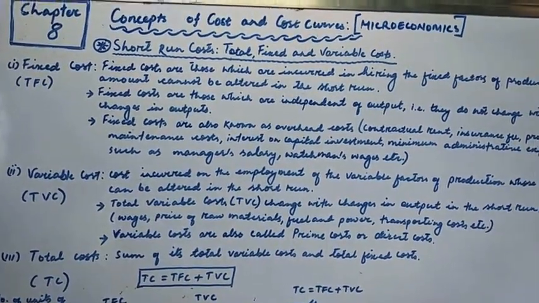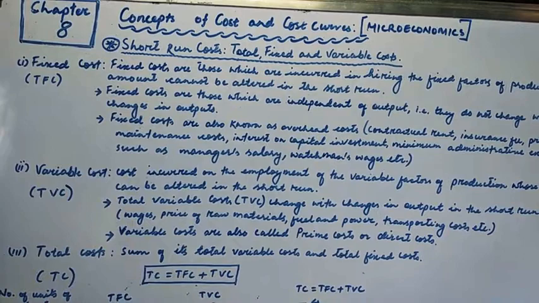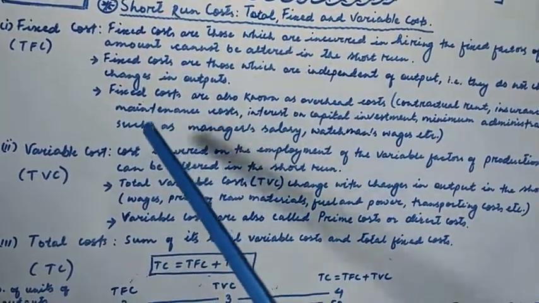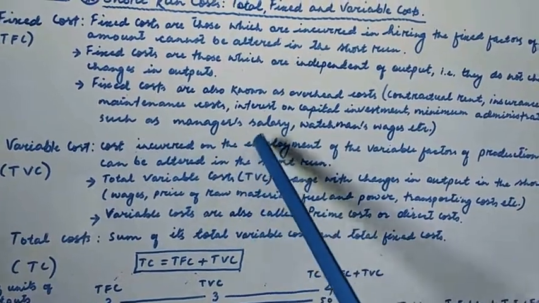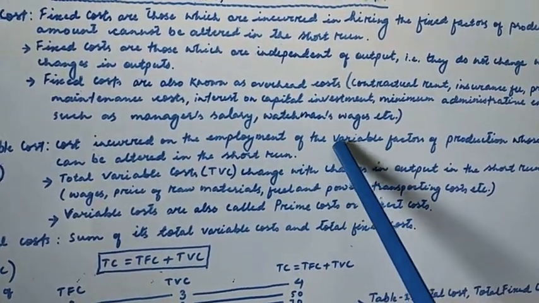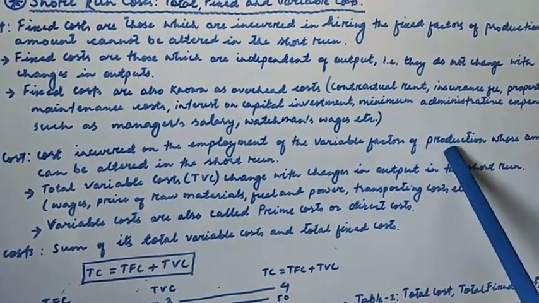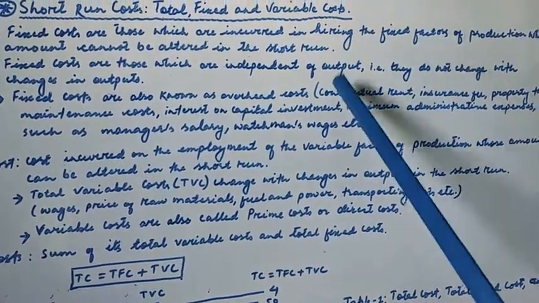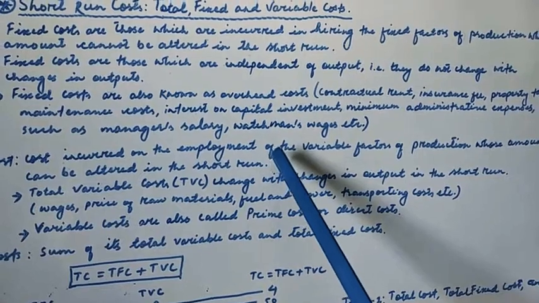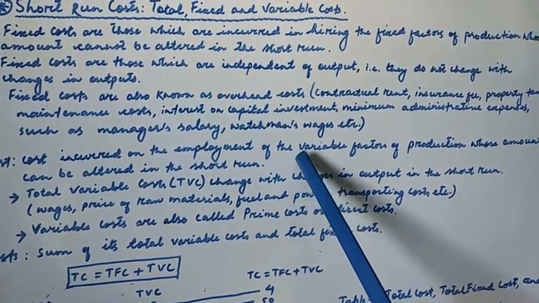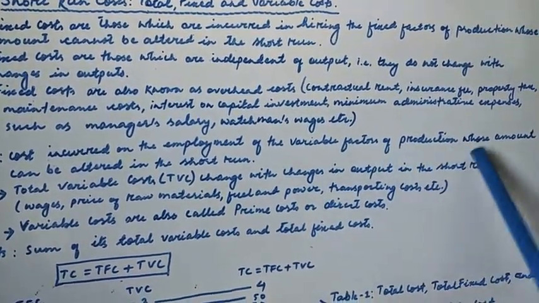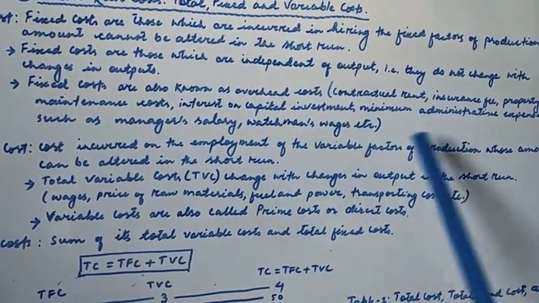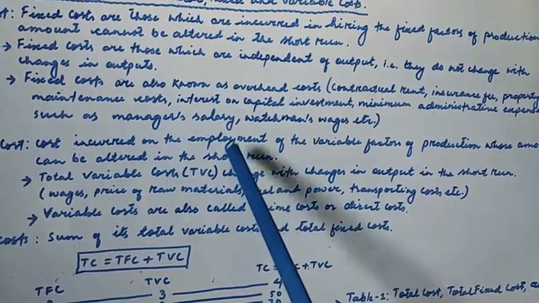What about variable costs? Variable costs, on the other hand, are those costs which are incurred on the employment of variable factors of production. So it is no longer a hiring fee for fixed factors, but a cost incurred when employing variable factors of production, whose amount can be changed in the short run.